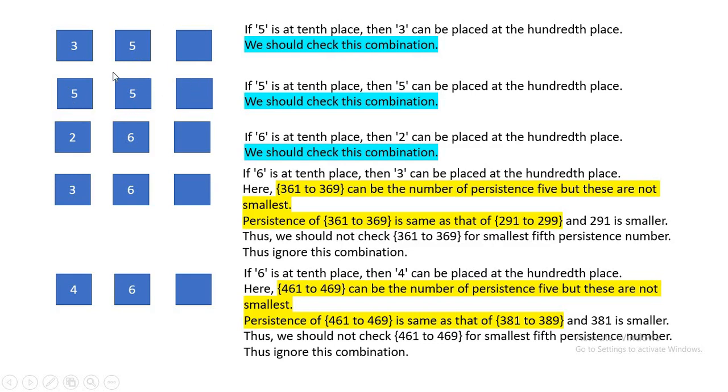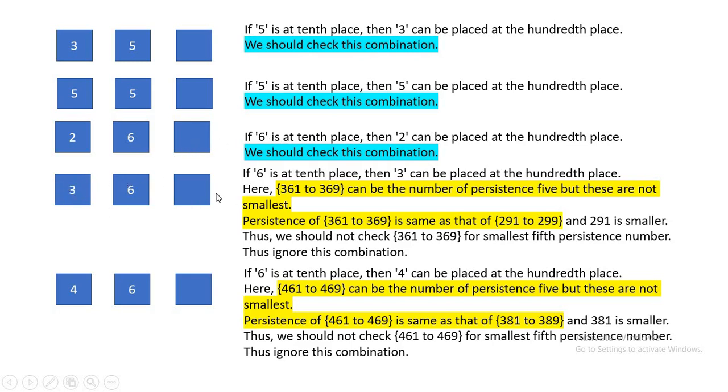This combination is also allowed, because again the same logic: it is not lesser than 260, and we cannot find any smaller number than this whose persistence is the same. Now 260 to 269 also needs to be checked. This is greater than 260, and no other range with the same persistence lies less than 260. So this also needs to be checked.